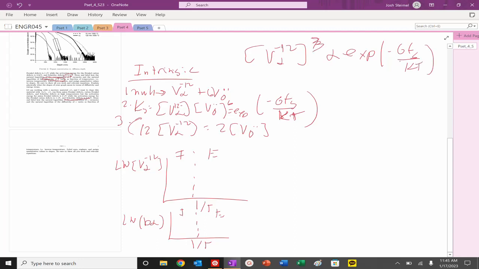When I take the natural log, this gets canceled out. So my slope here is going to be minus G formation of Schottky over 7k. The diffusivity is going to have that same slope term, but I'm also going to add on minus G migration over k.